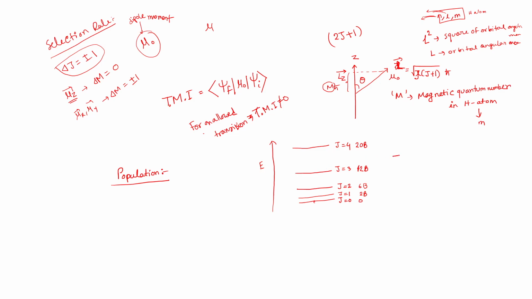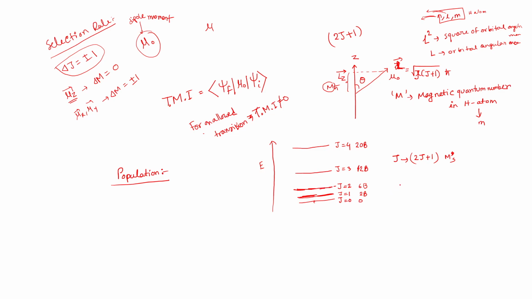For each J there are 2J plus 1 M's, right? So for J equals 1, there are actually 3 lines which have the same energy. Now for 2 it is 5, something like this.